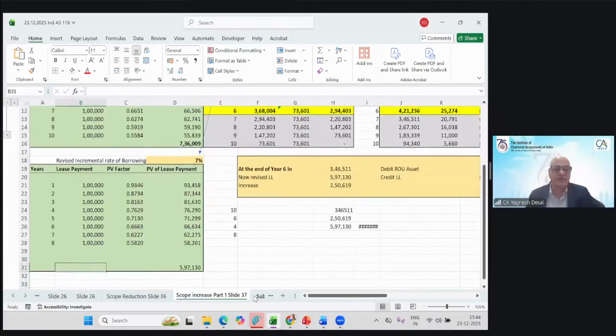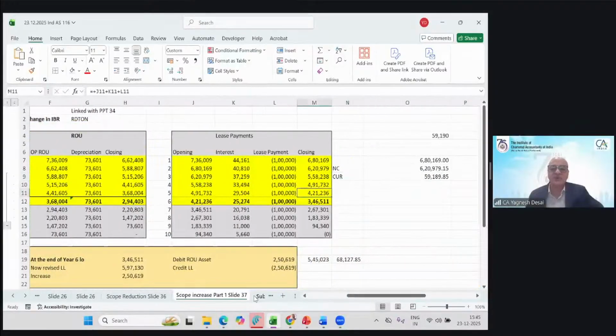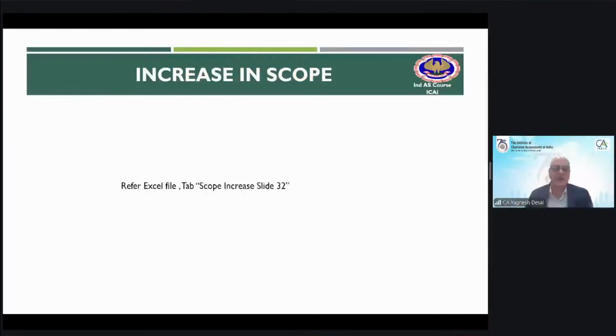As a result, my revised lease obligation works out to be 5,97,000 rupees, which was 3,46,000. So 3,46,000 was my carrying value at the end of year 6, beginning of year 7, and now the revised carrying value is 5,97,000. The increase is 2,50,000. So the entry is debit ROU asset and credit the lease liability by 2,50,000 rupees. This is the impact of the increase in the lease obligation.